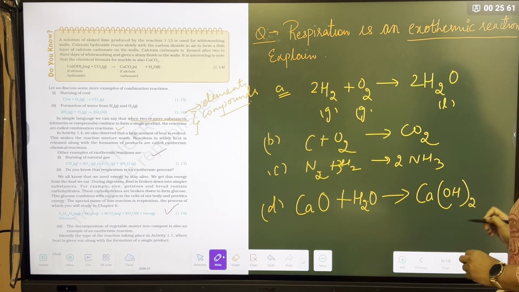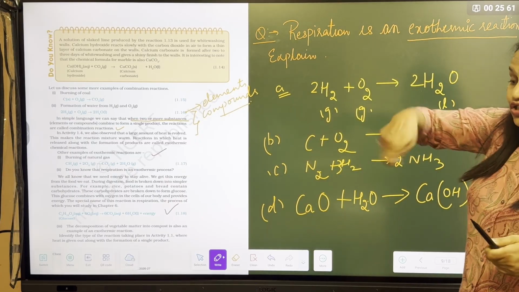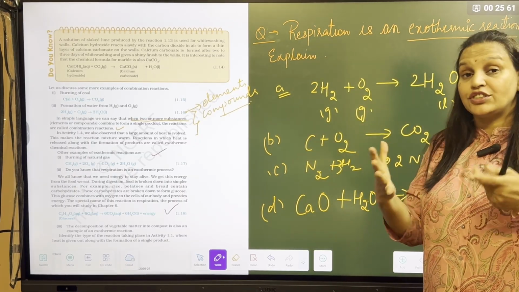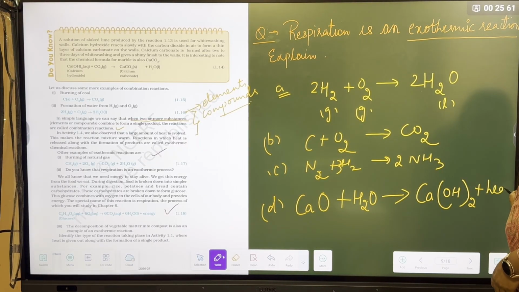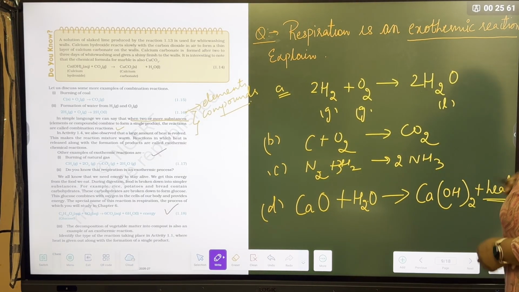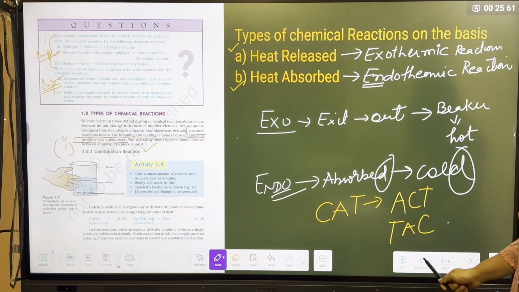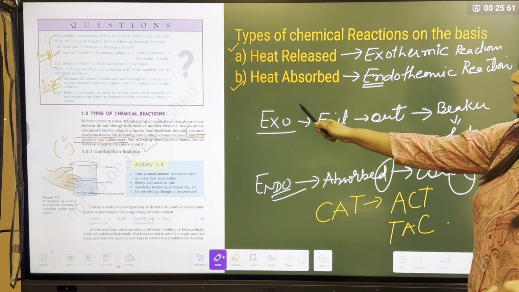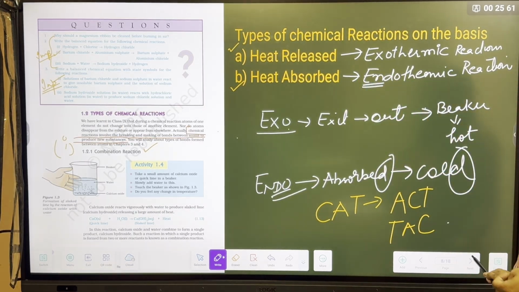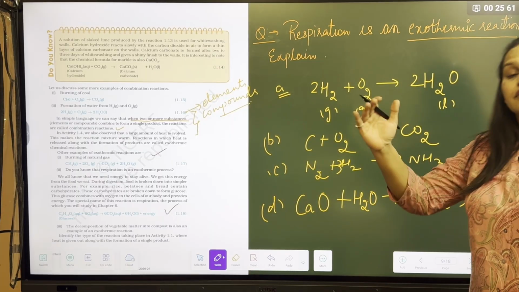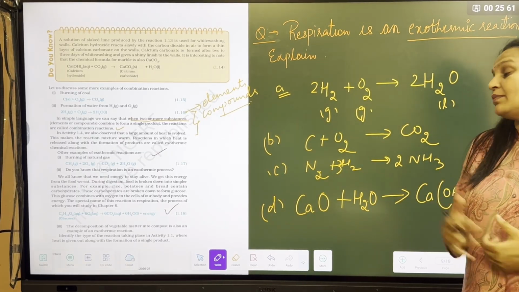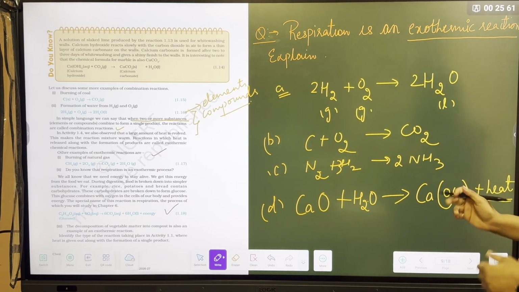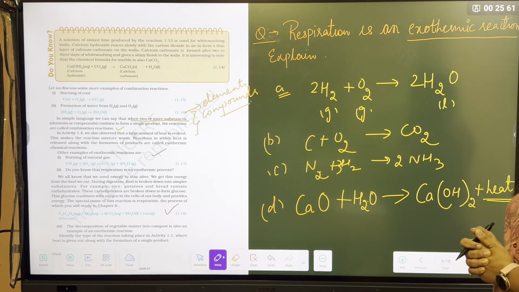This reaction happens very vigorously and gives out heat. So when heat is given out, it comes under the exothermic reaction. Here we cover the pot with a cloth because our pot or beaker becomes very hot, and it is a self-balanced reaction.